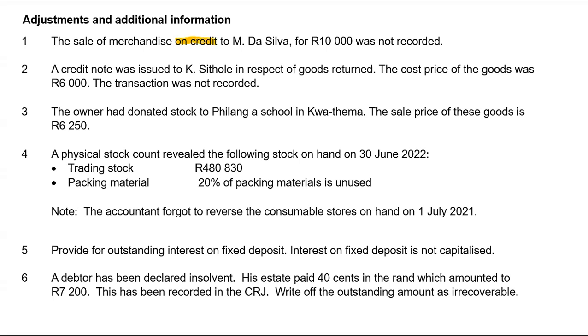Here is what triggers everything. That transaction was not recorded. Now, that is a problem. And immediately when you think about the sale of goods, you need to understand that it affects 4 accounts.